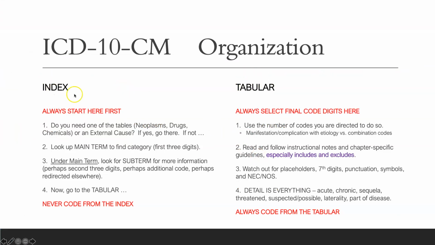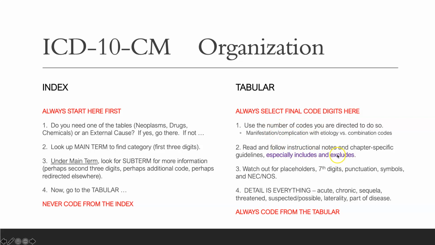So we just went to the index. We looked up otitis media because it wasn't one of the tables. And we found under subterm where there was perforated eardrum. And we went to the tabular. We went through the tabular. We talked about whether or not we were using the number of codes we were supposed to.